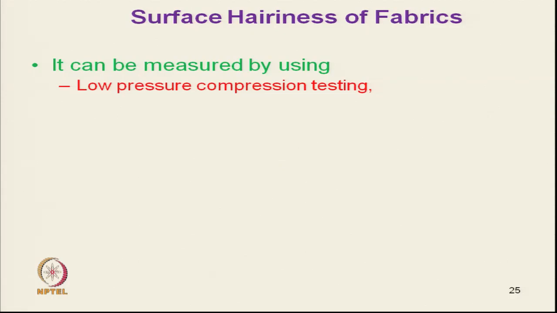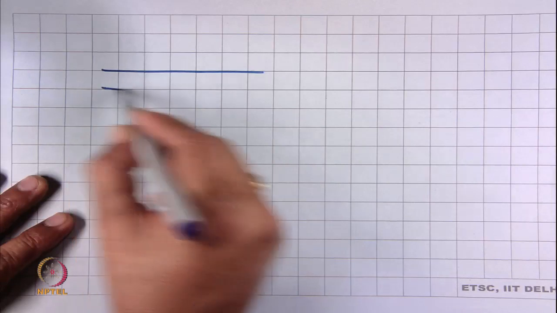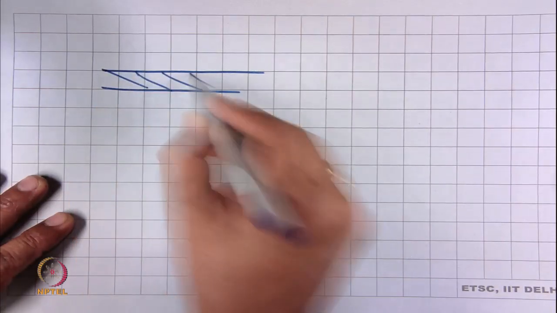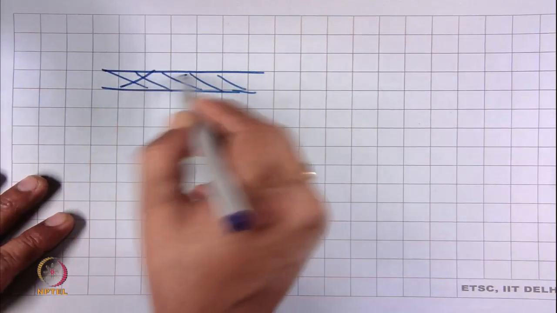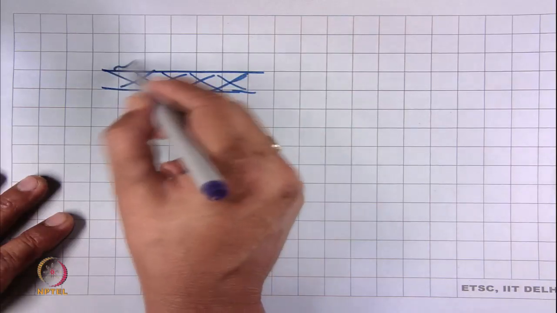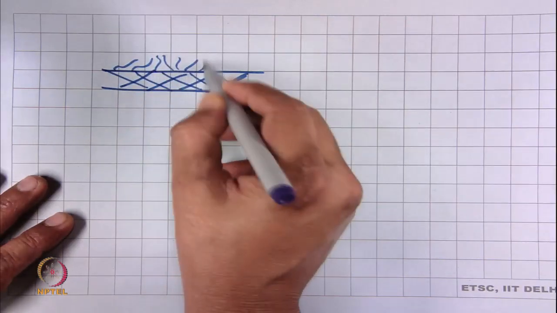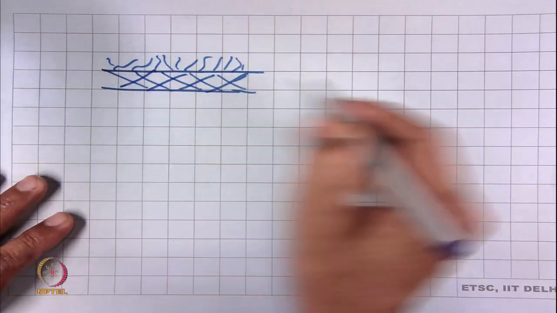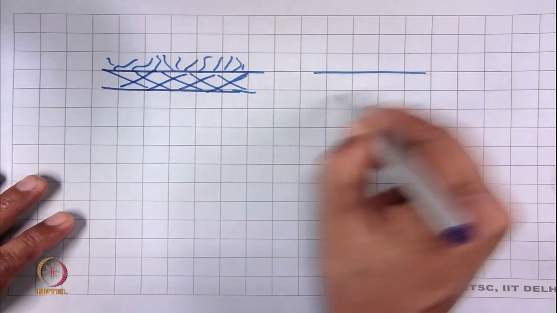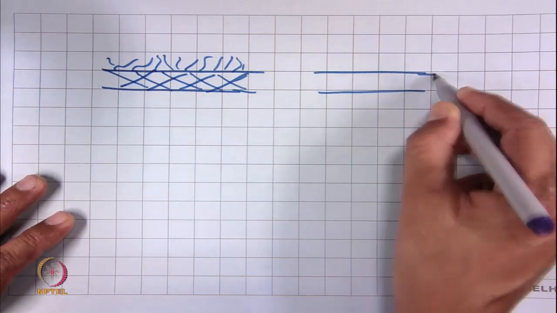Suppose we have two fabrics, this is fabric 1, the fabric core, and it has got hairiness, these are the hairs on the surface. Another fabric, suppose there is no hairiness.